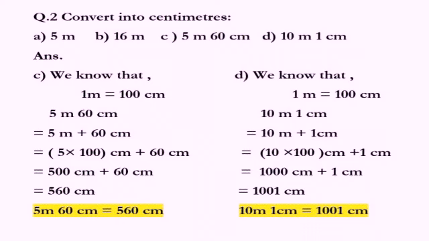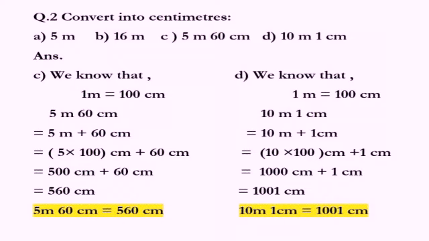So 5 meter 60 centimeter, first we separate: 5 meter plus 60 centimeter. Then we convert the meter portion. Whenever we convert it, no need to write meter again, you can write centimeter. So 5 into 100 centimeter plus 60 centimeter equals 500 centimeter plus 60 centimeter equals 560 centimeter.